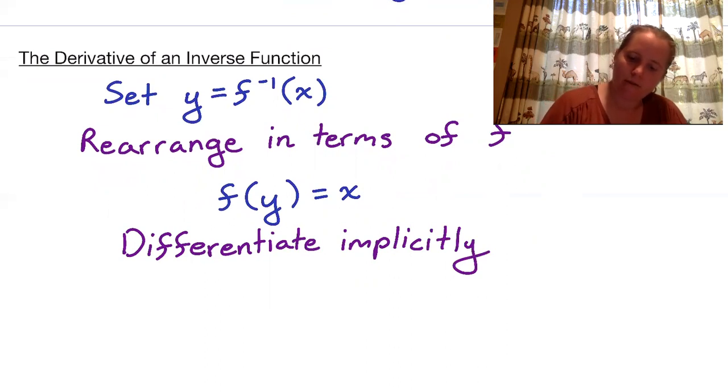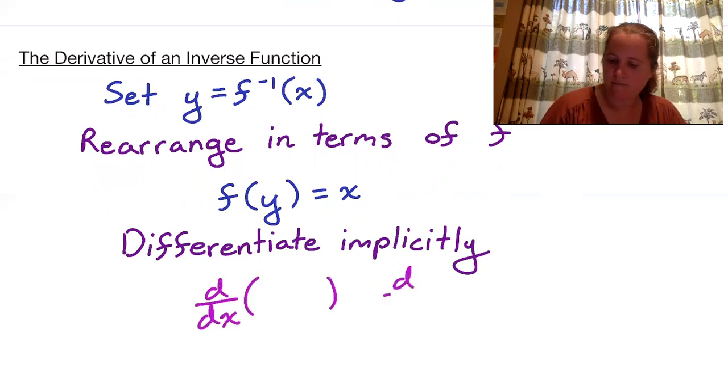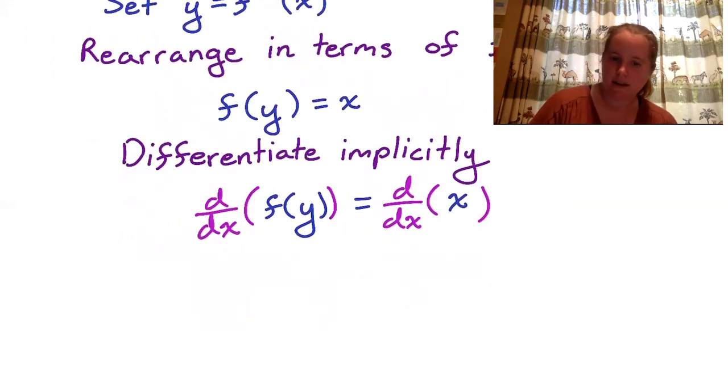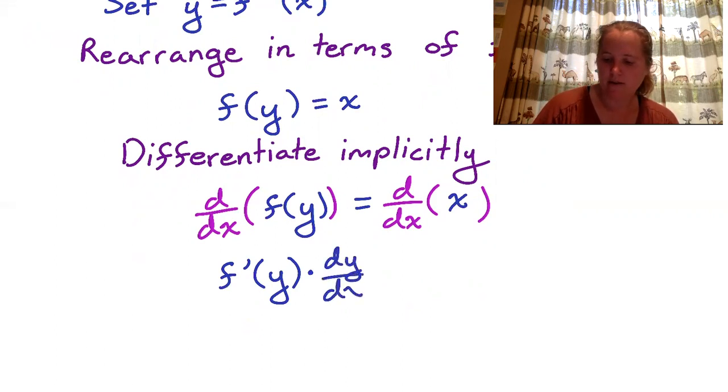If we take the derivative of both sides with respect to x, we have the derivative with respect to x of f of y is equal to the derivative with respect to x of x. On the left-hand side, we do the derivative with respect to y first, so that becomes f prime of y, and then we multiply by the derivative of y with respect to x. And on the right, we just get 1.